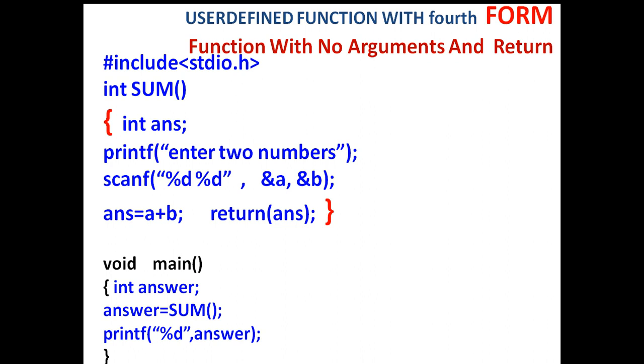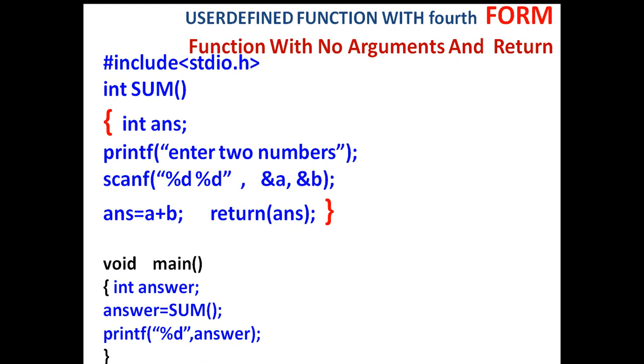So I am telling again, whenever you create this function, you will write first the data type, then the function name, then you will keep empty brackets, always, in this category. This is a function which will not receive any arguments or values, but it will return a single value.